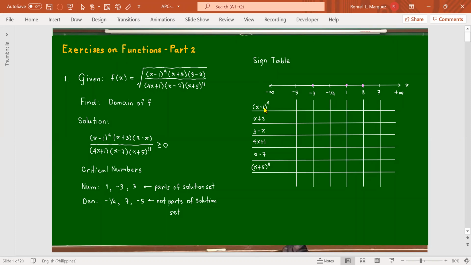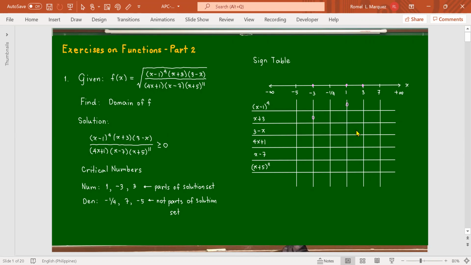Now, you have to determine where each expression listed here becomes 0. (x − 1)^4 is 0 when x is 1, meaning it's neither negative nor positive when x is 1. What about x + 3? It is 0 when x is −3.